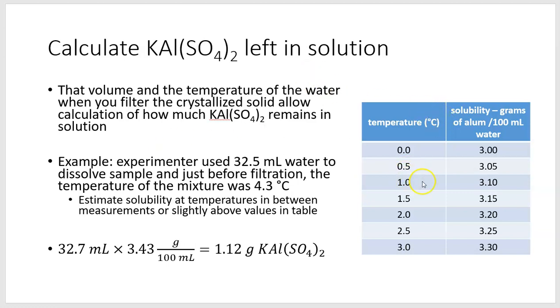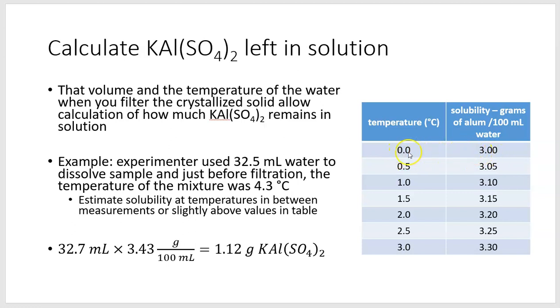In your lab manual, you should see this table, and it shows how the solubility of alum in 100 milliliters of water changes. In this region, it's fairly linear, and we're going to assume that it's linear, maybe up to 5, 6, 7 degrees, something like that. But if you notice, each of these entries is 3 plus a couple numbers after 3, and those numbers are the same as the temperature.